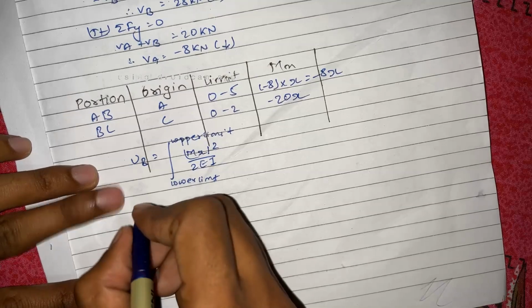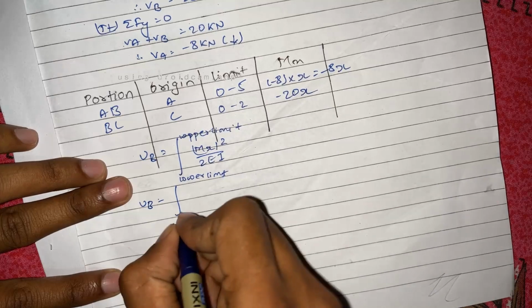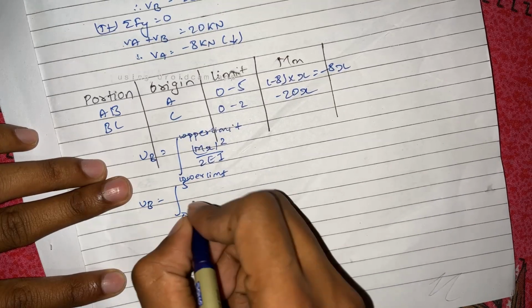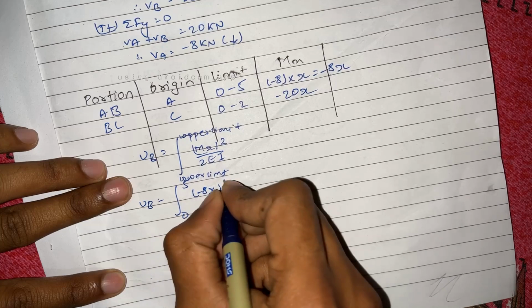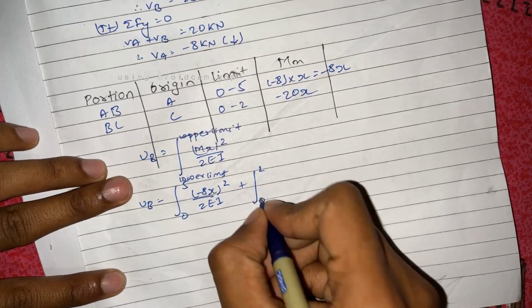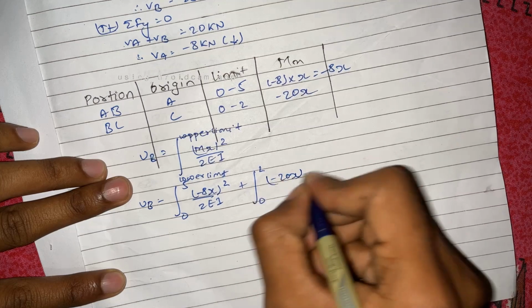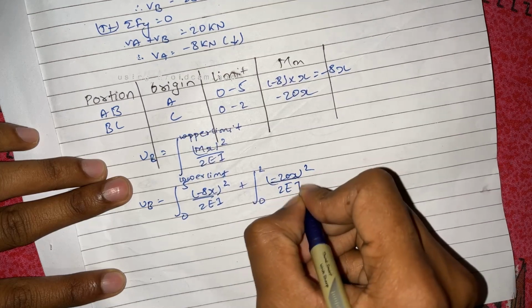So let's apply the formula. So we have V, we just take this 0 to 5, and we have Mx, it's minus 8x whole squared by 2EI, and similarly we have 0 to 2 and minus 20x whole square by 2EI.